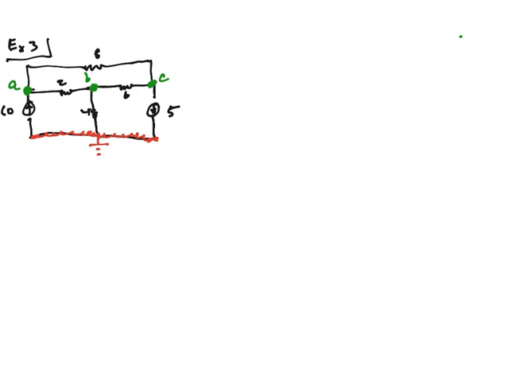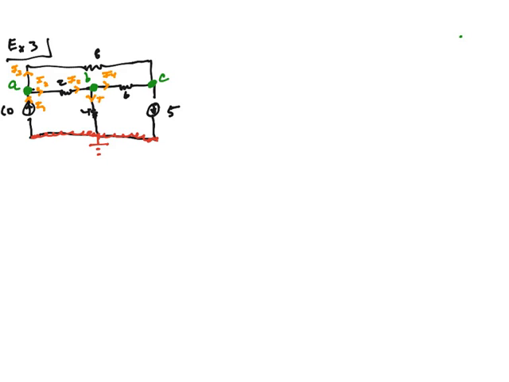Next, currents. As usual, we've got I1, I2, I3 for A. For B, I2 is still coming in, so I2 is still there. Let's say I4 is leaving B to the right.